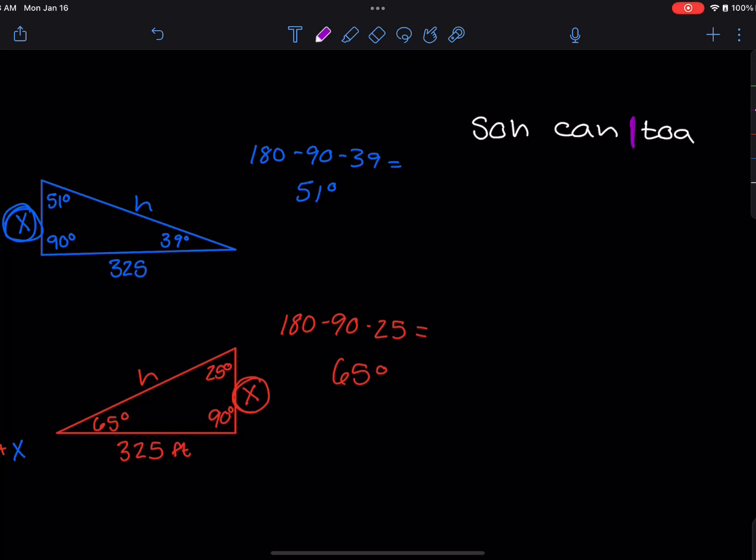So we know that we can't use anything that has the hypotenuse, so it has to be tangent with the opposite over the adjacent, because we don't have the hypotenuse, and we can't find it without that x measure, because of the Pythagorean theorem. So using tangent, we have tangent of 39 degrees is equal to x over 325, because it's opposite over adjacent. And then we would multiply both sides by 325 to isolate the variable.